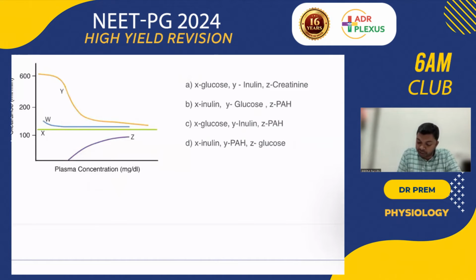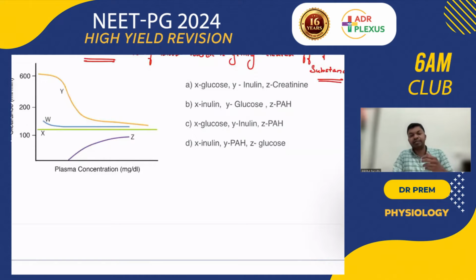When you speak about clearance, it simply represents the volume of blood which is getting cleared of a substance.